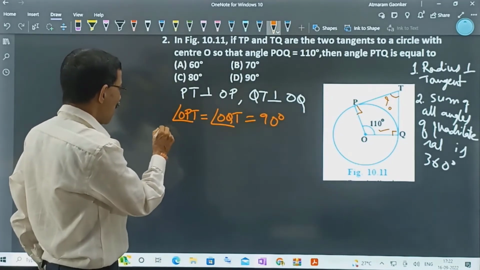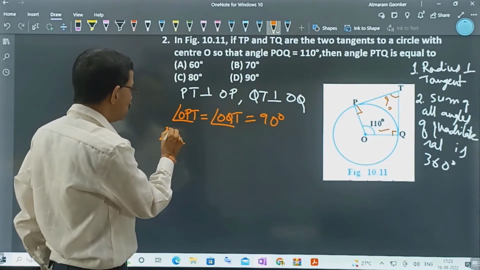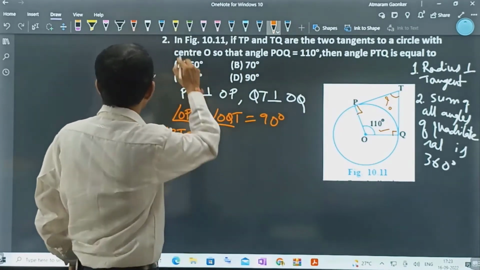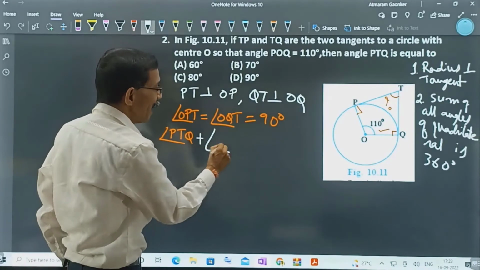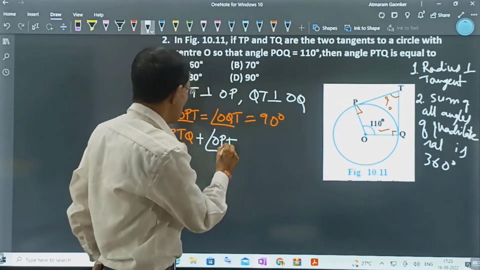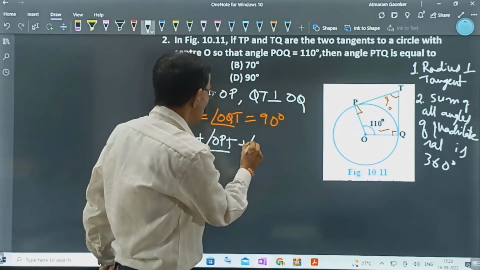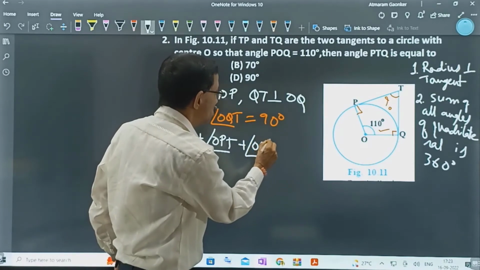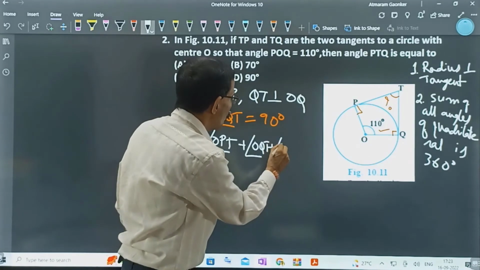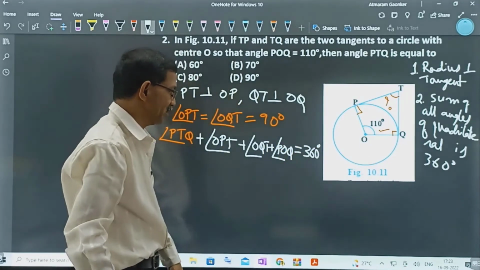To begin with, I'll write angle PTQ, that is this angle, plus angle OPT, that is this angle, plus angle OQT, plus angle POQ. These total to 360 degrees.